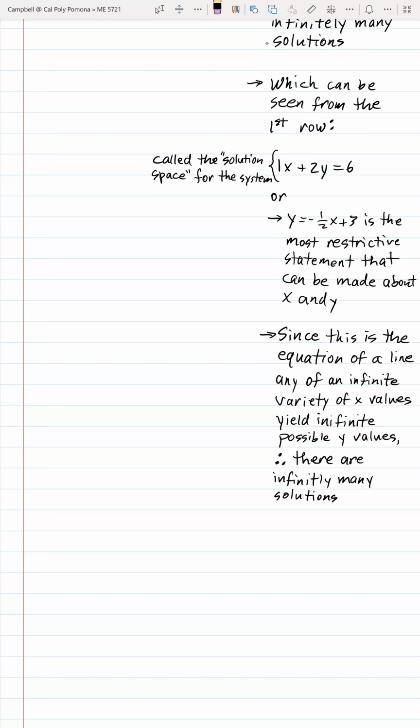Now, one thing that I want to introduce here, because it is very convenient, albeit a bit trivial in this very simple case, is a way of looking at these particular types of solution sets that have infinitely many solutions, because it gives us the ability to talk about them with a little bit of specificity.